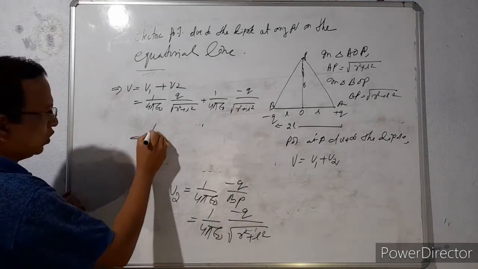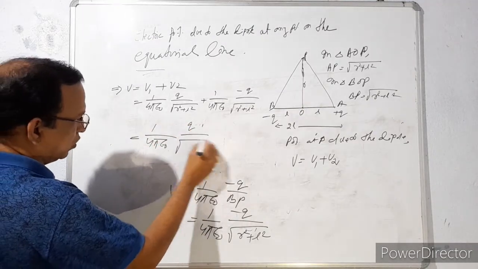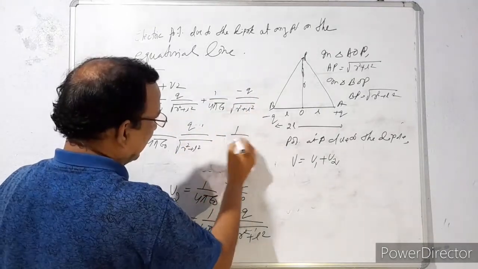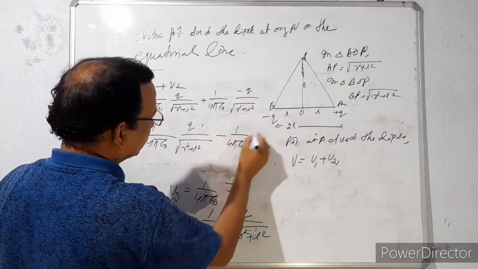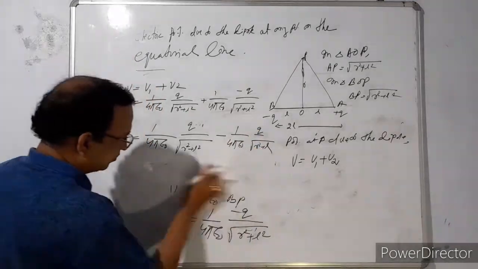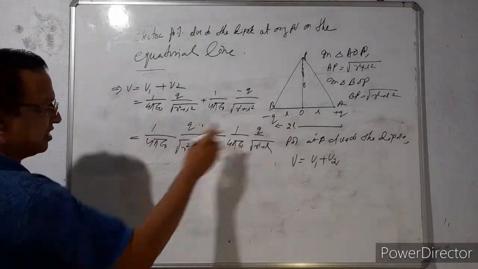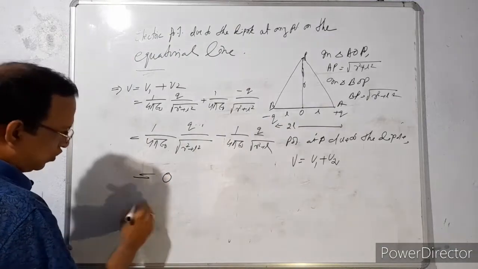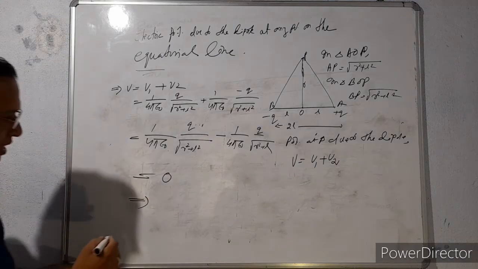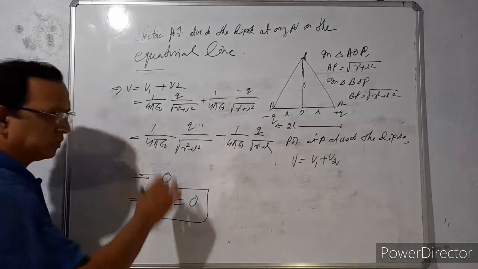So V is equal to 1 by 4 pi epsilon naught Q by root over of R square plus L square minus 1 by 4 pi epsilon naught Q by root over of R square plus L square. This is minus this, that is equal to 0. So in case of the equatorial line, if a point is placed on the equatorial line, the potential is 0.